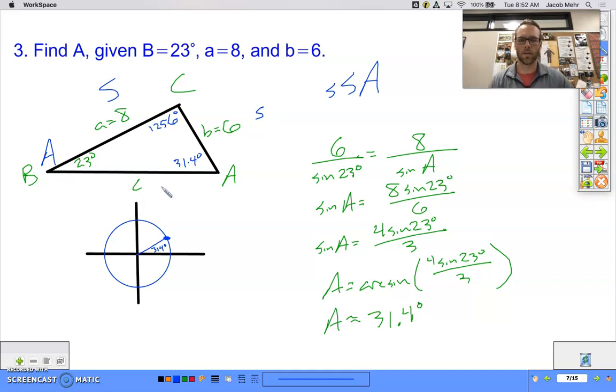What other angle measure would have the same value for sine? Now, we said arc sine is on the right half. However, we're not going to use a negative angle for the value of sine. We're going to just come right over here. This angle also would produce a sine value that's the same as 31.4 degrees. They have the same y value. So what is that angle? Looking at my clock, I'm going to run out of time, so I'll go into the next video.